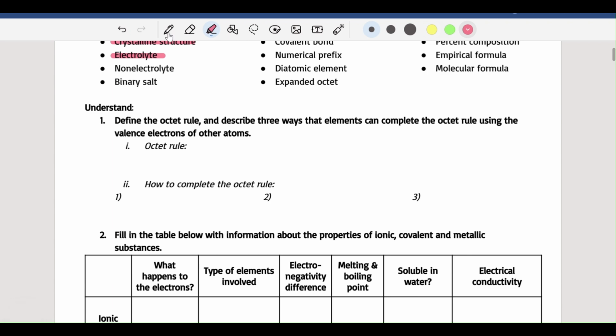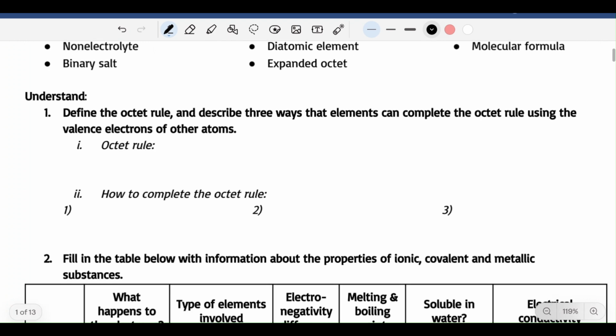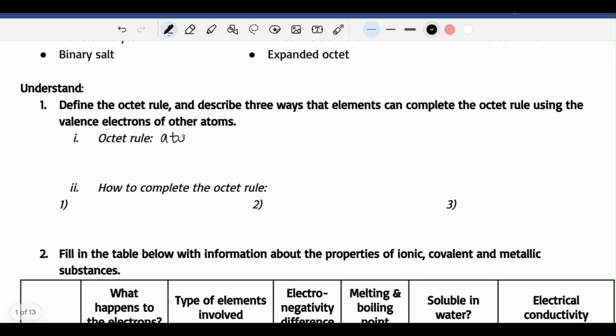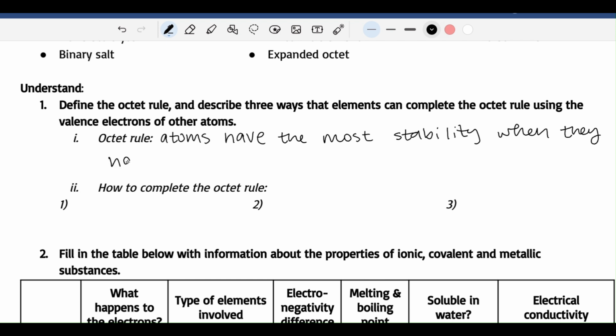So first, we're going to define the octet rule. We've talked about this a couple times, but we're going to put it in words right now. So the octet rule is that atoms have the most stability when they have 8 valence electrons.